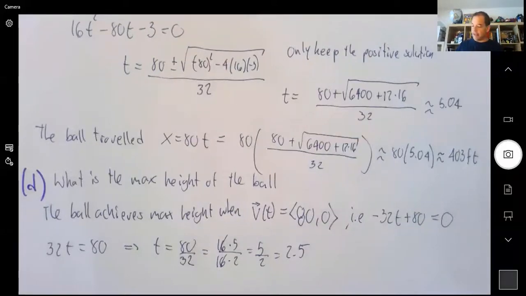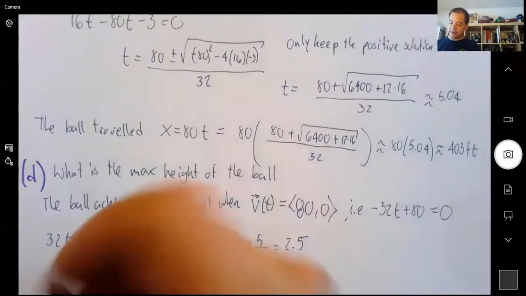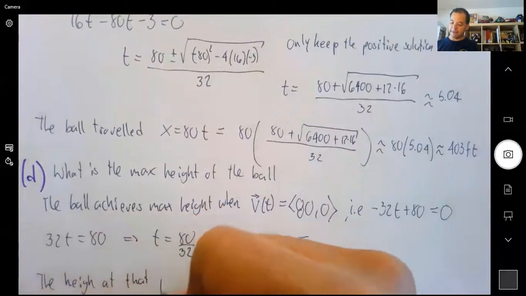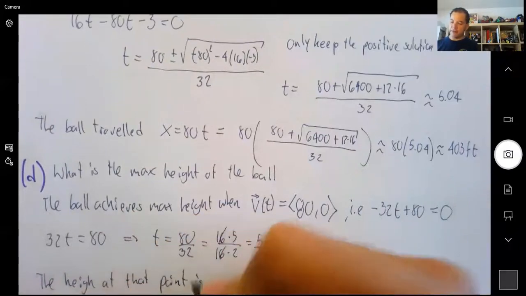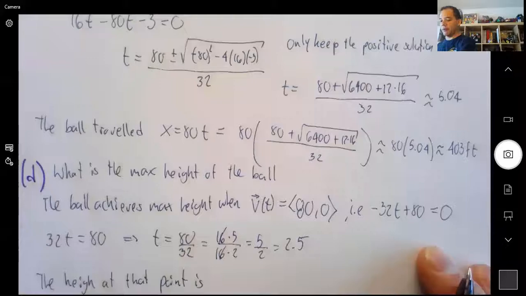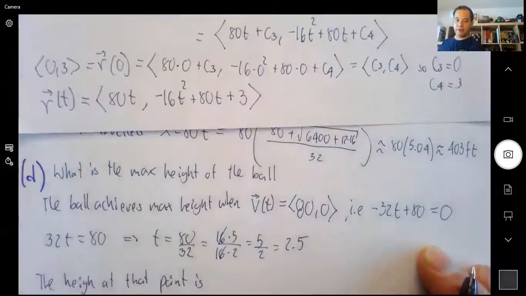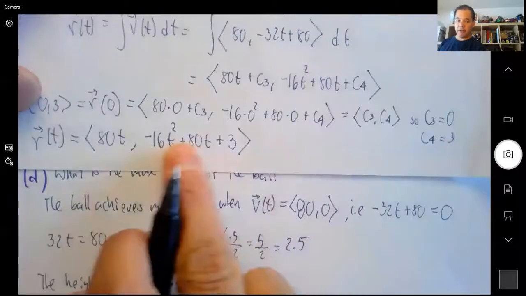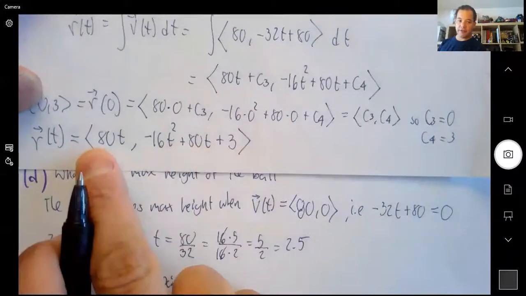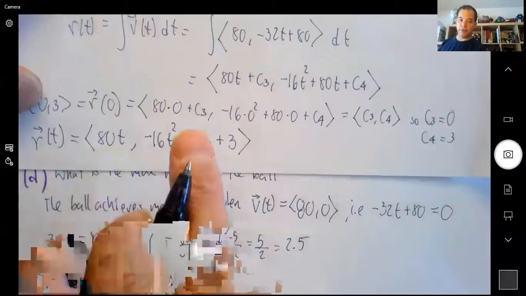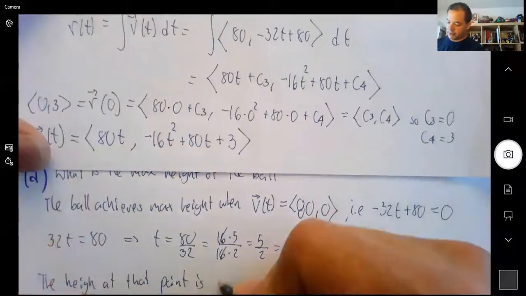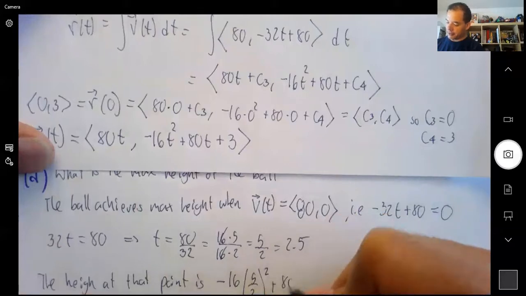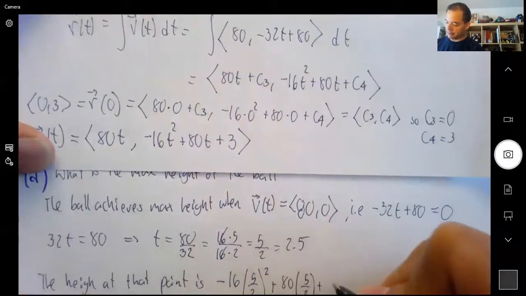So then what is that height? How do we know the height? Well, we go to the original expression for the r. Here it is. This is the x, and this is the y. So we use this one. It's going to be negative 16 times 2.5 squared, plus 80 times 2.5, plus 3.